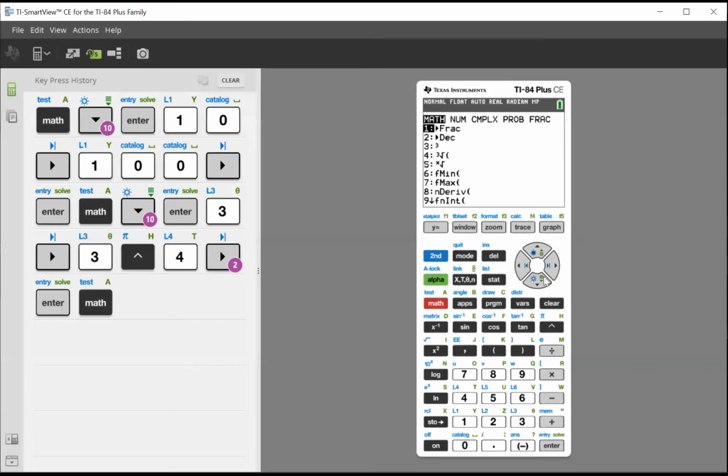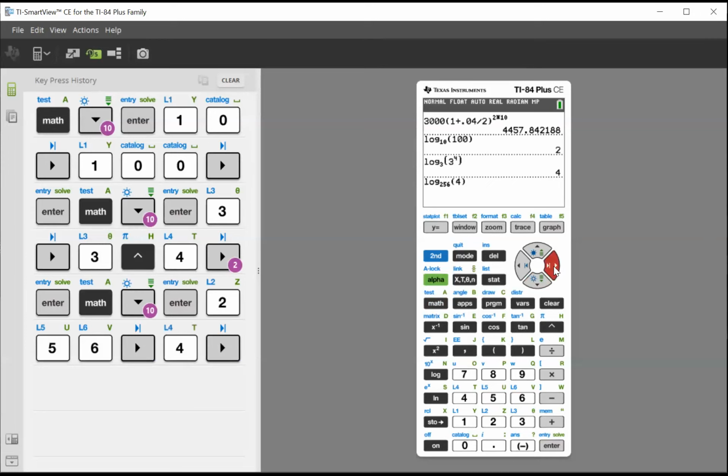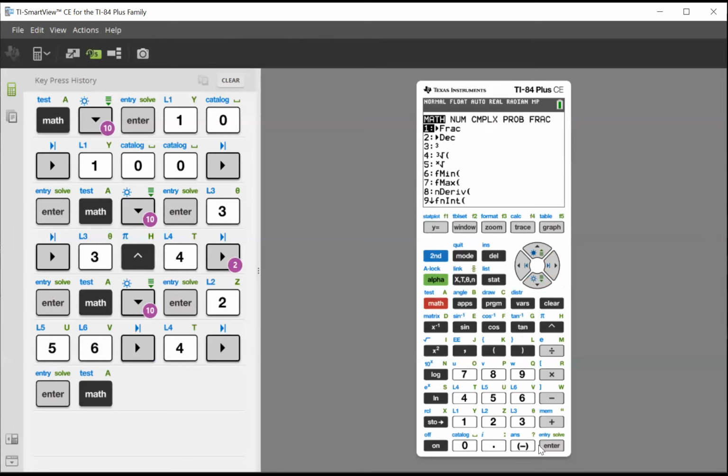So math, go down to log base, enter. So my base of the log is 256. Arrow right. That result was a 4. All right, y'all, watch this. When I hit enter, I'm going to get a 0.25, but we got to turn this into a fraction for the math lab. So to turn it into a fraction, you hit math, and then number 1's highlighted for fraction. So you just hit enter twice, and it turns that 0.25 into a 1/4.